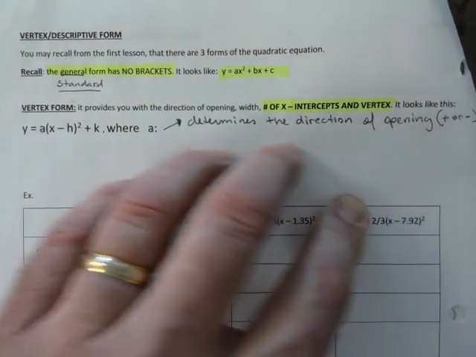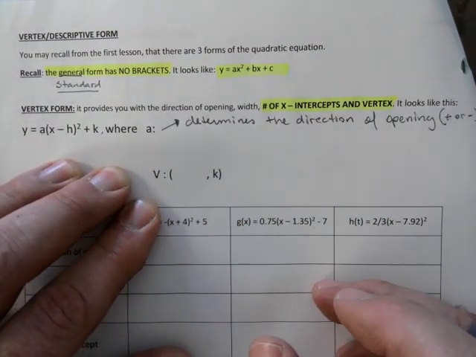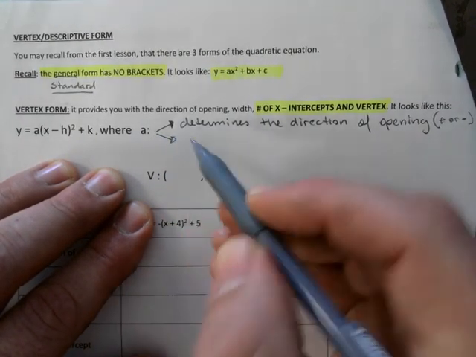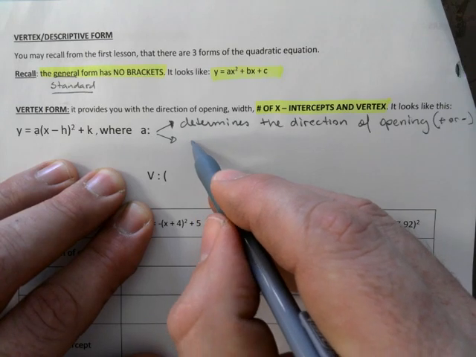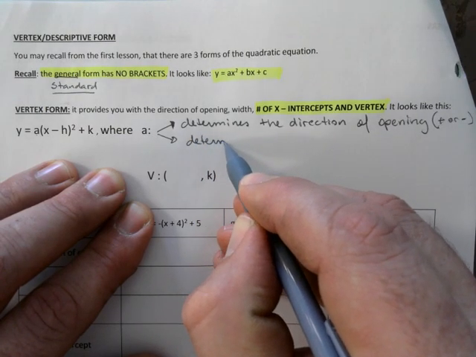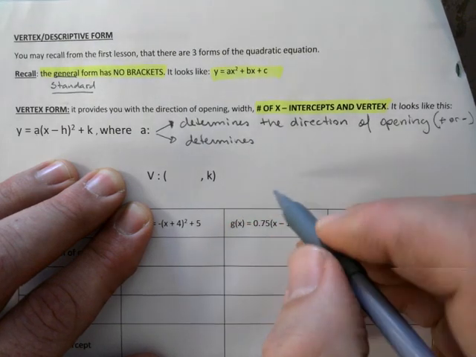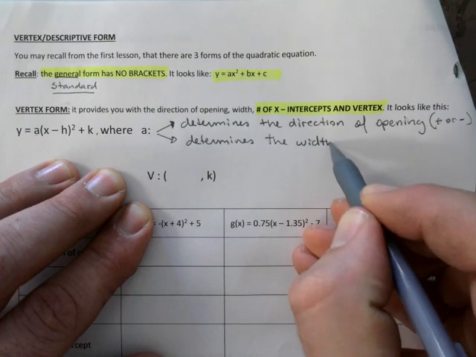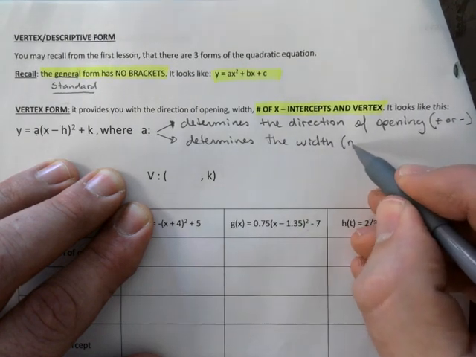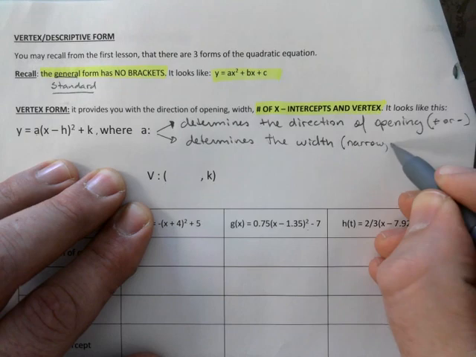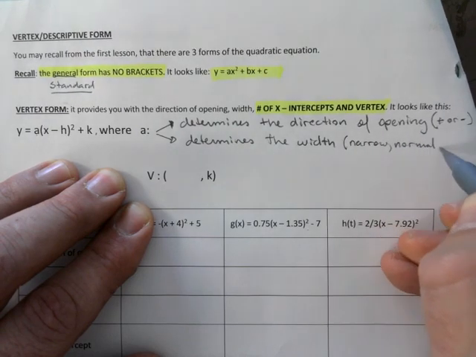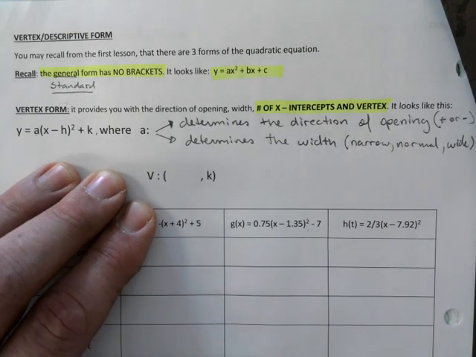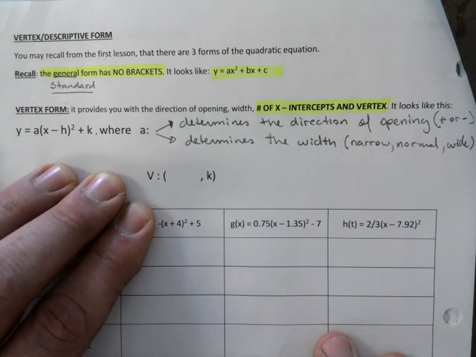There you go. Determines the direction of the opening, plus or minus. And the same thing as before, determines the width. So, right, is it narrow, normal, wide? Nothing changes there, nothing at all. So that's why I didn't capitalize that, right?